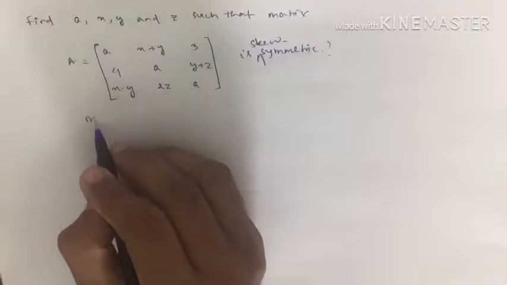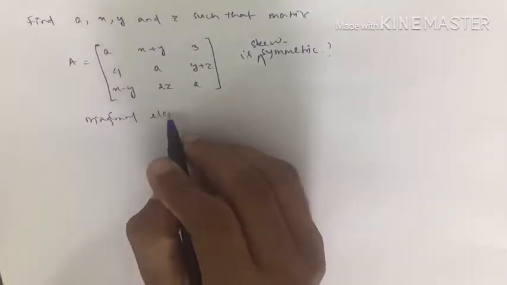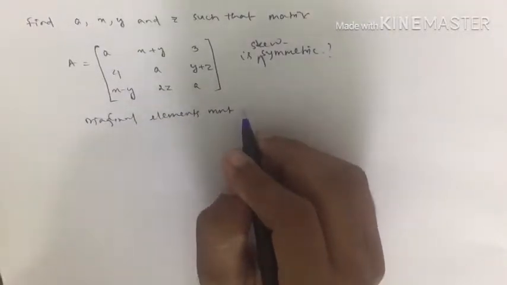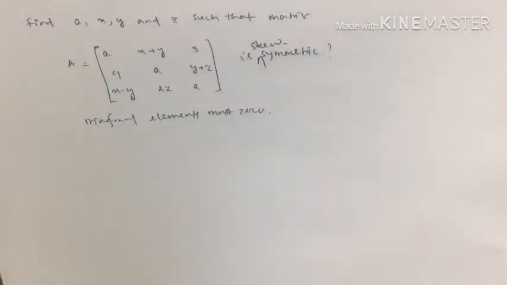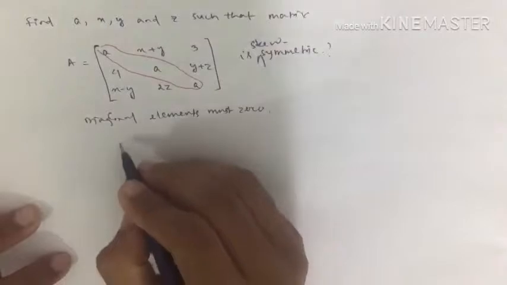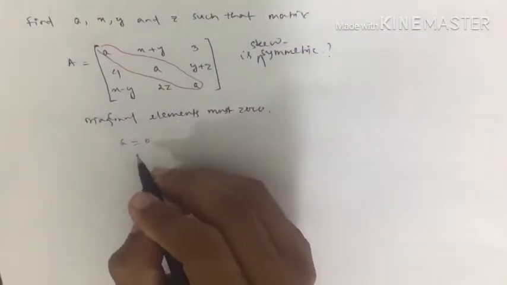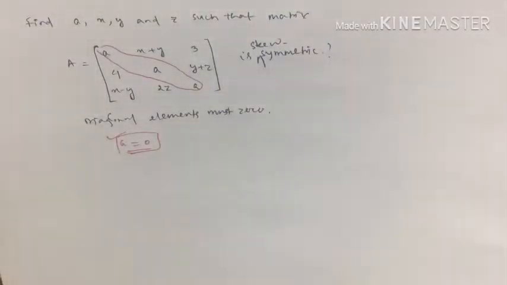The diagonal elements must be 0. First property: apply it. Diagonal elements must be 0. So here you can verify these are the diagonal elements. So all are equal, already given. So a equals 0. First answer you get: a equals 0.